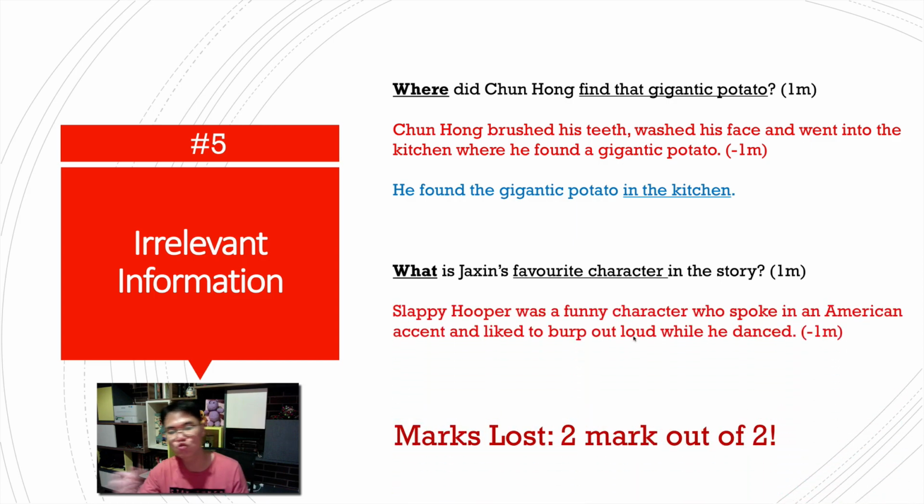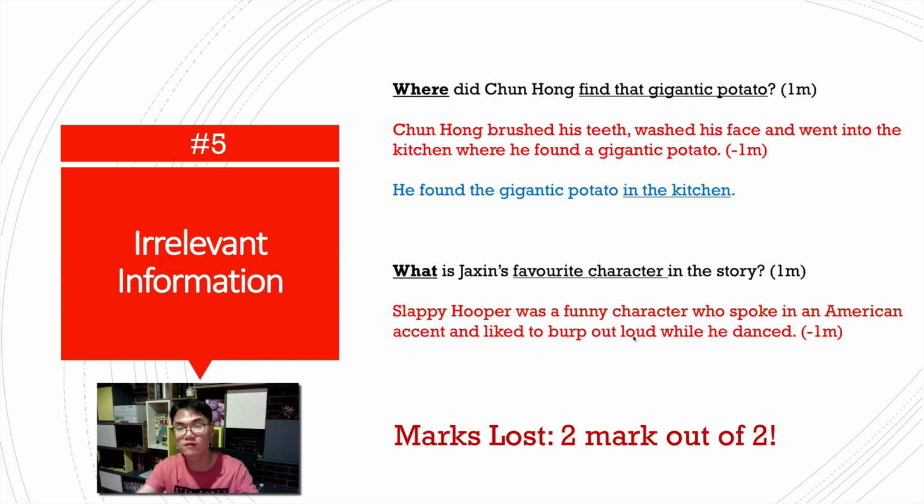Okay, Slappy Hooper was a funny character who spoke in an American accent and liked to burp out loud when he danced. Okay, so buried in this, of course, is the answer that Slappy Hooper is Jacin's favorite character, right? But notice that I don't link Slappy Hooper to Jacin or the fact that he is her favorite character. I don't say that anywhere in my answer.